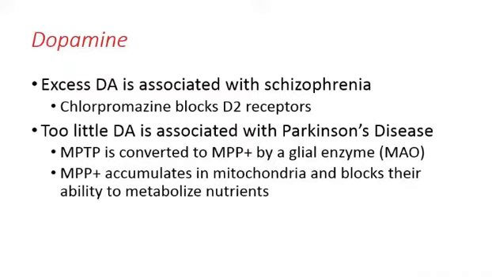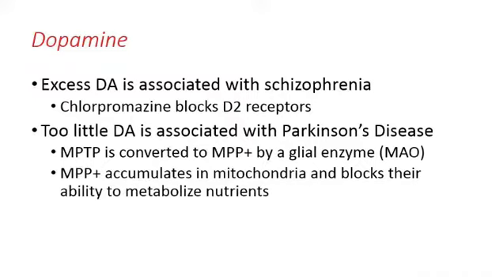Unfortunately, this group of people got this bad batch of this synthetic heroin that immediately changed them into Parkinson's patients. And the substance was MPTP. What happened is this MPTP, when it was injected, was converted to this molecule called MPP+, by monoamine oxidase.